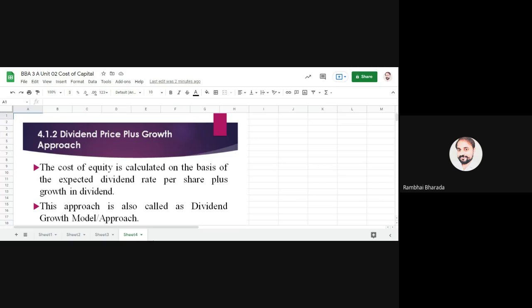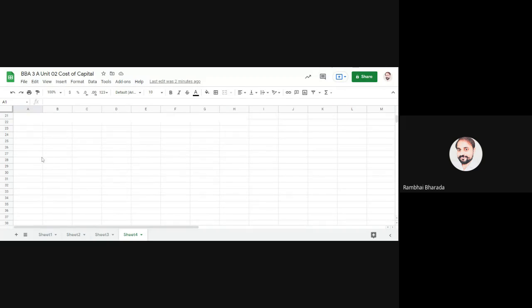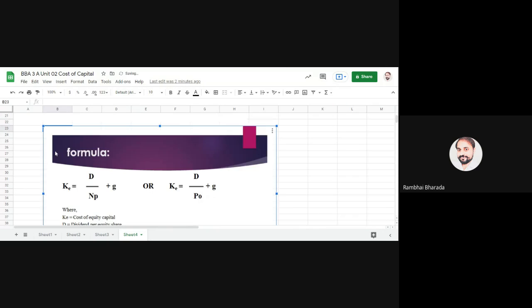And this is also known as the dividend growth model. Now the formula for the same. Write down the formula. See, up to this the formula is same.